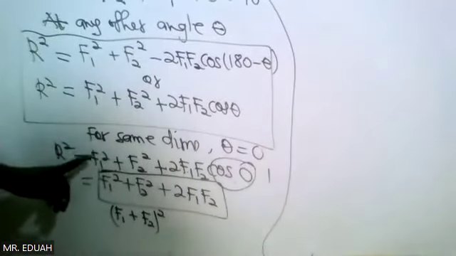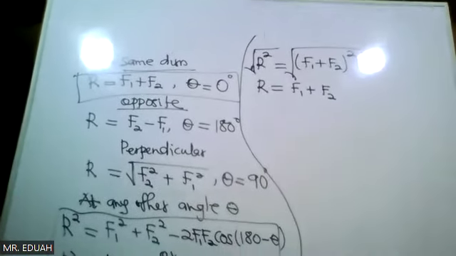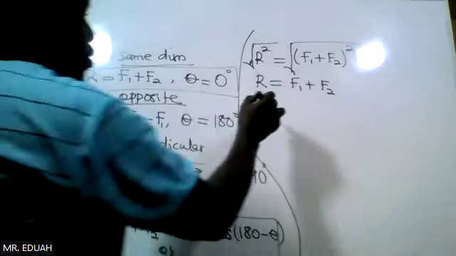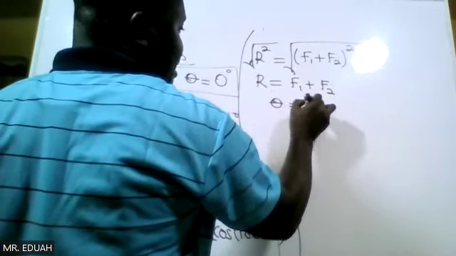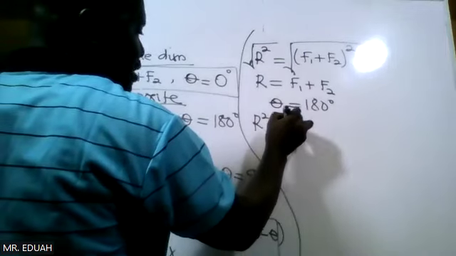So we are obtaining the resultant from the cosine rule. The reason I said the cosine rule is a powerful expression is that it applies to all of them. Now let's do it for when theta is 180. When theta is equal to 180 degrees, let's put that into the cosine rule.